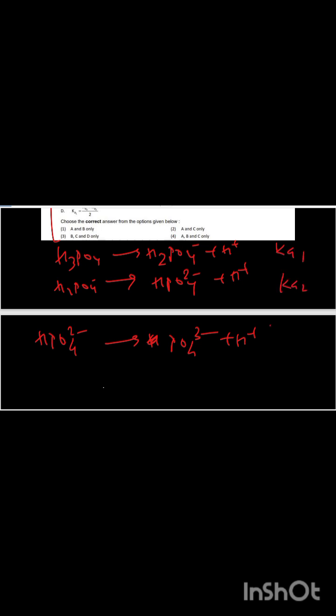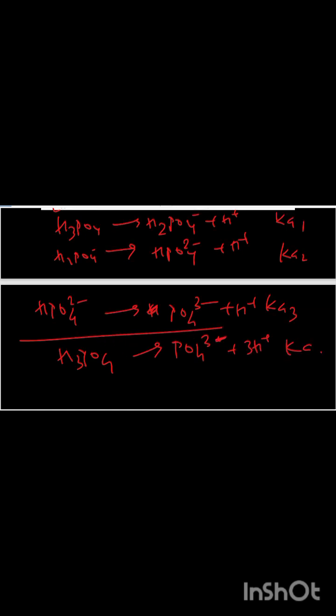Dissociation constants being K1, K2, K3, the overall being suppose Ka. So the relation is Ka equal to Ka1 into Ka2 into Ka3, that is log Ka is equal to log Ka1 plus log Ka2 plus log Ka3.